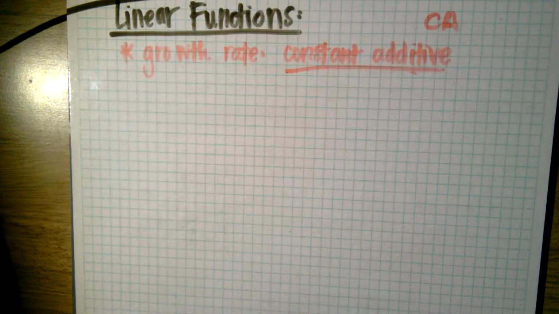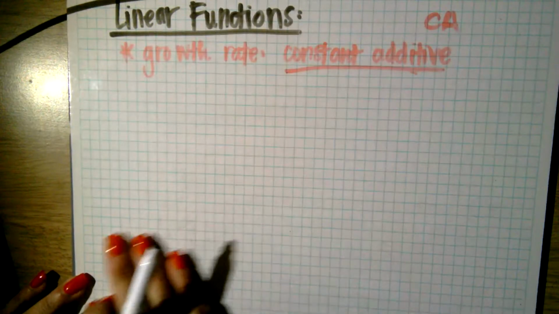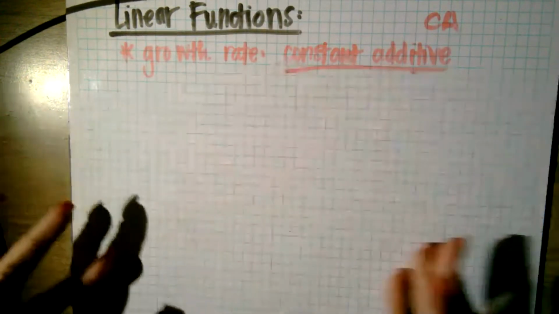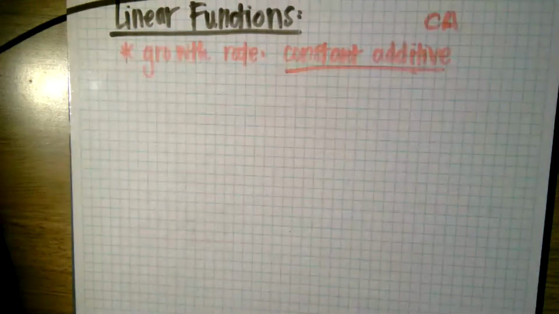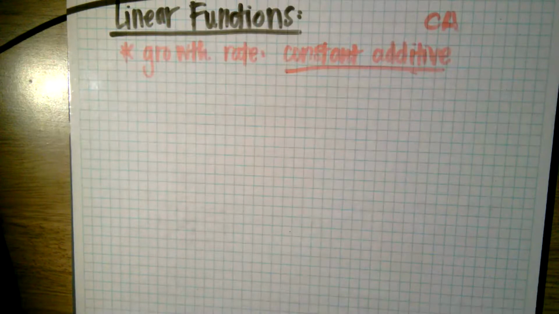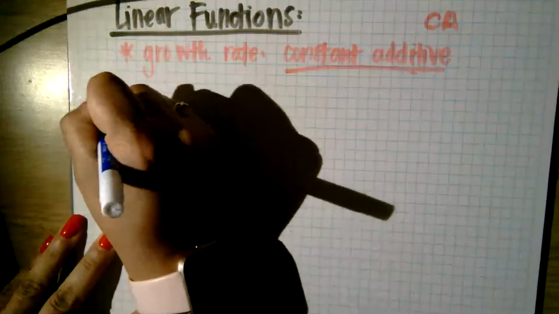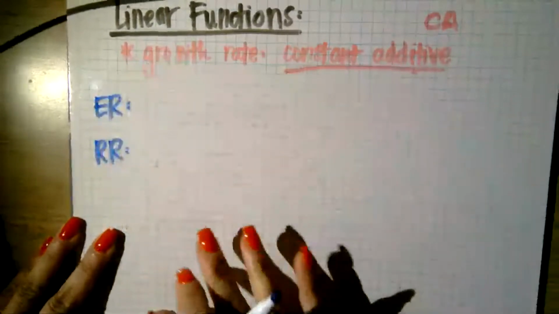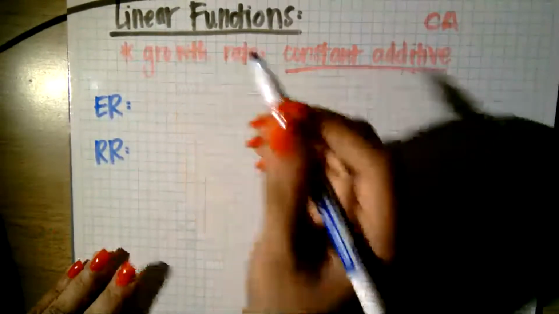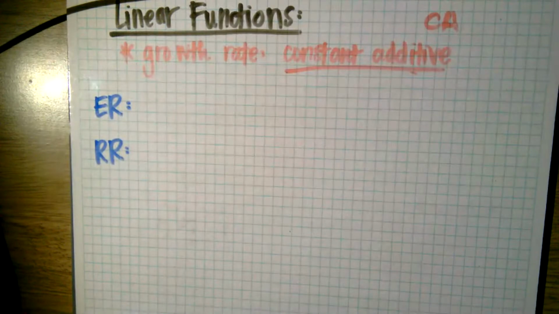So I'm going to give you a quick little story, and we're going to represent the linear function. Actually, I'm going to do the explicit rule, recursive rule model. So explicit rule and recursive rule formula for linear functions. If we know a linear function, that also means y equals mx plus b.